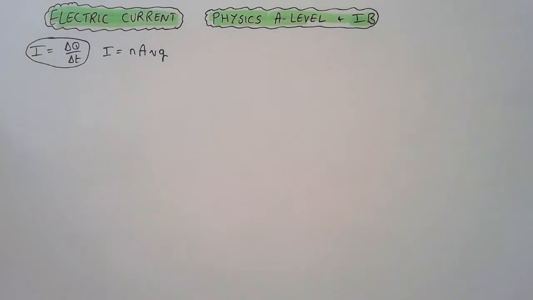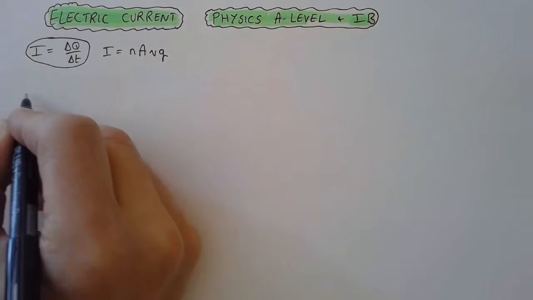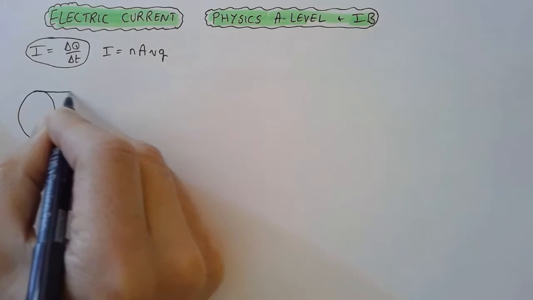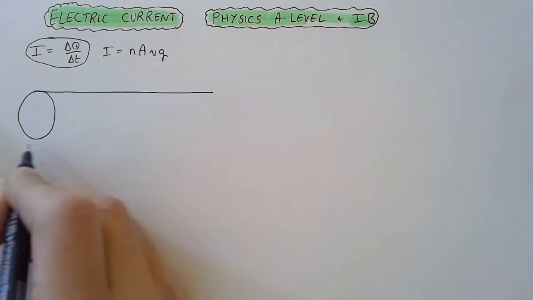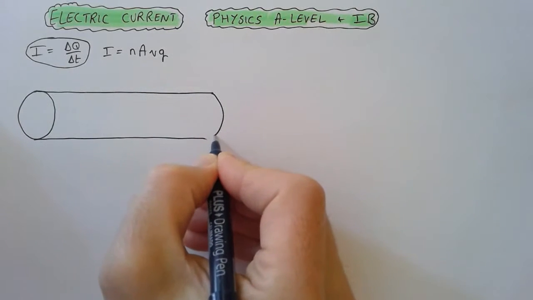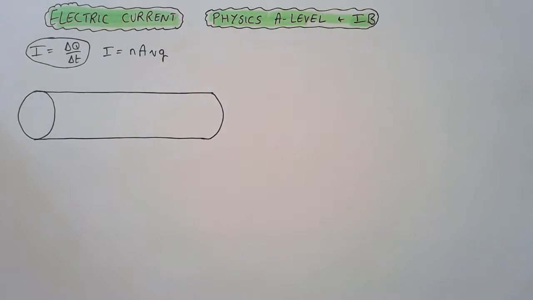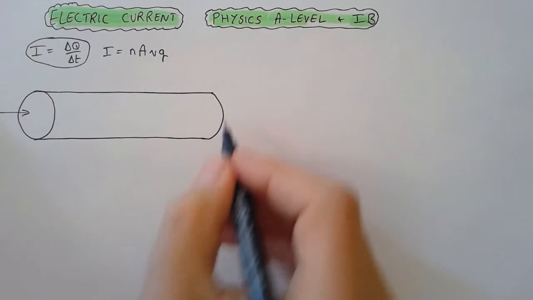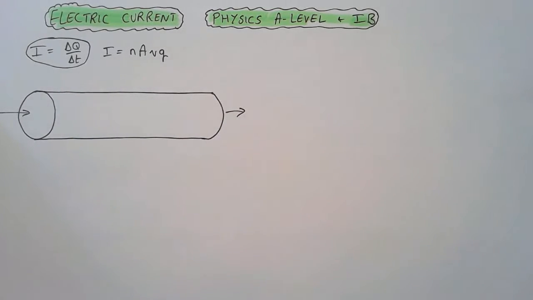Let's imagine an ideal situation of charge carriers moving through, for example, a pipe. So a pipe might look something like that, with charge entering from the left hand side and leaving from the right hand side.